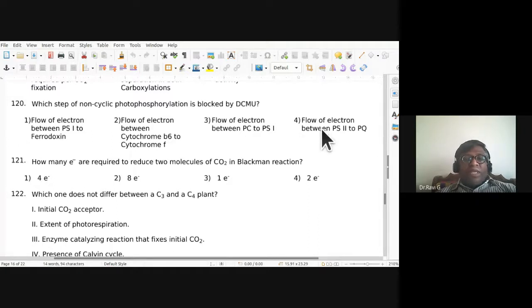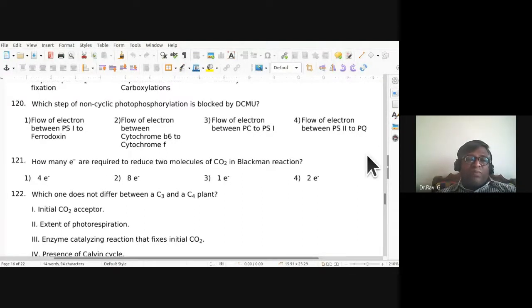The answer is the flow of electron between photosystem 2 to plastoquinone. This is what DCMU is going to block in non-cyclic photophosphorylation.